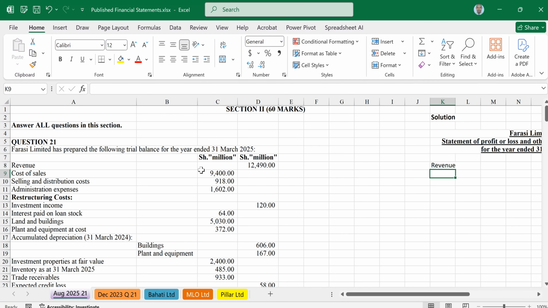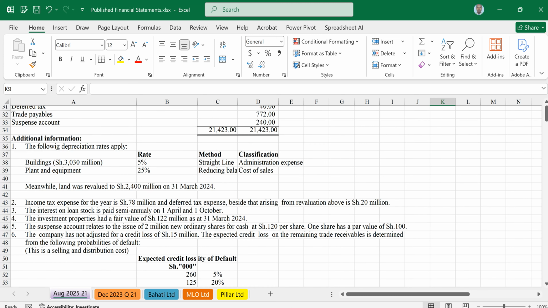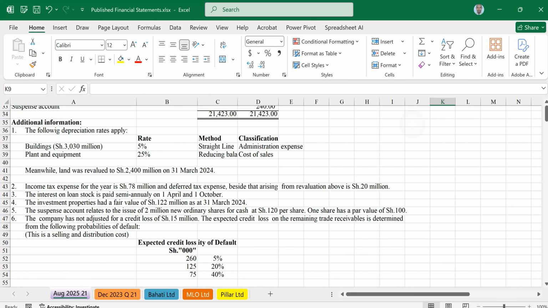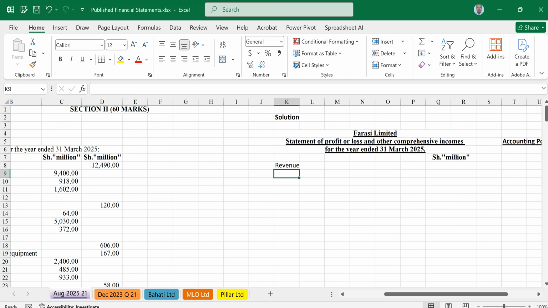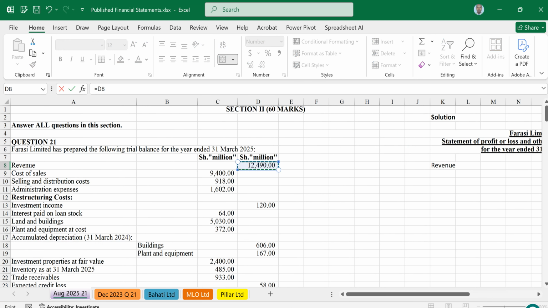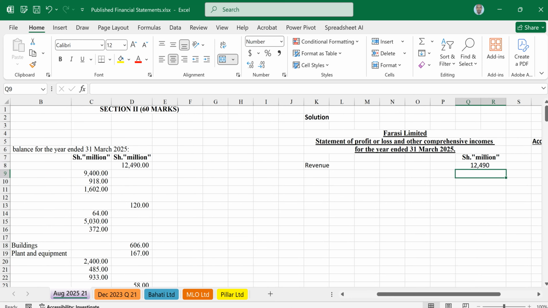Was revenue affected in any additional information? From number 1 to number 6, revenue was not affected. We use it as it is. So revenue was 12,490. It remains as the other one. Revenue.